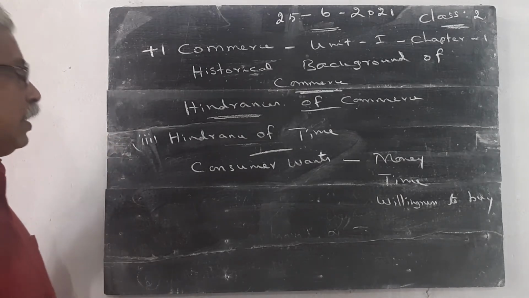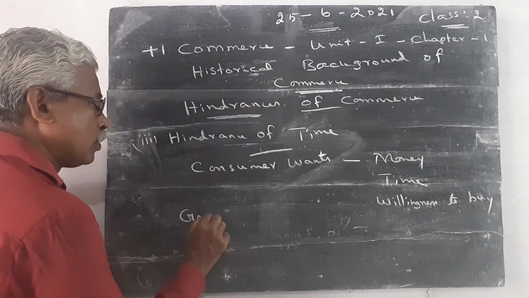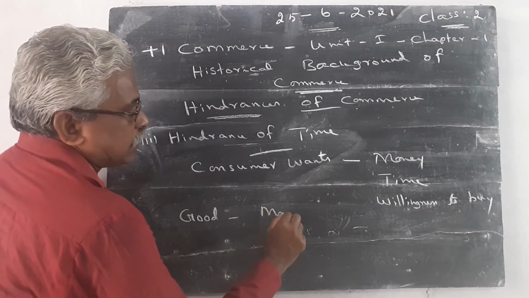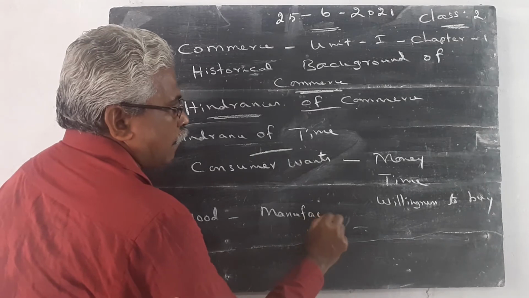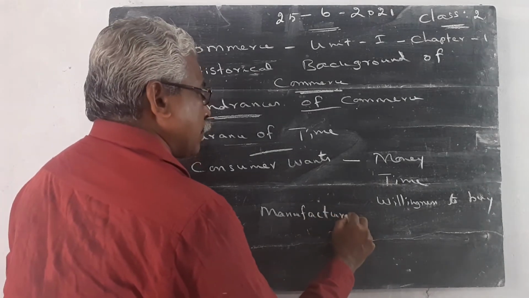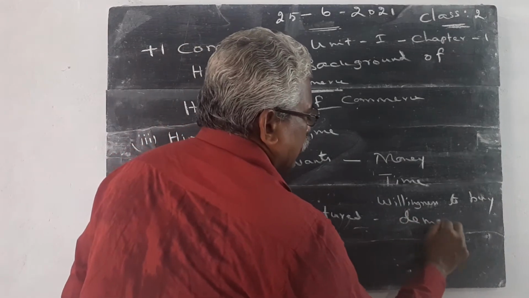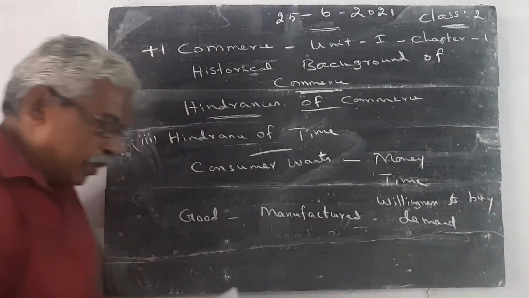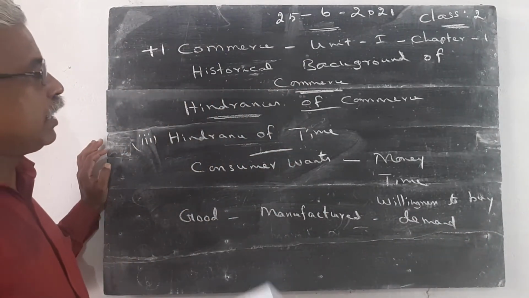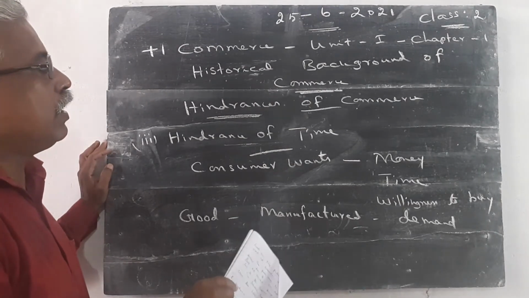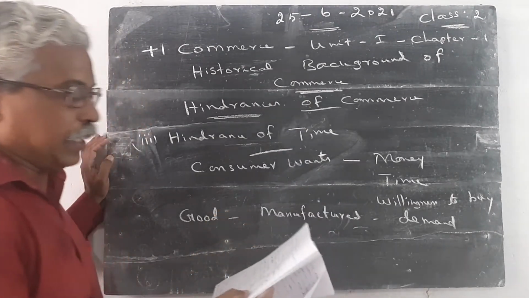Goods are manufactured with the anticipation of demand. If the consumers are having a demand, then only the consumers are consuming their product.